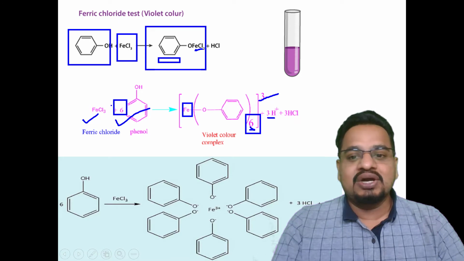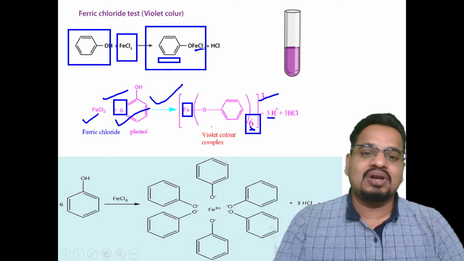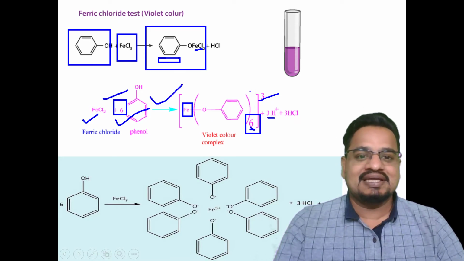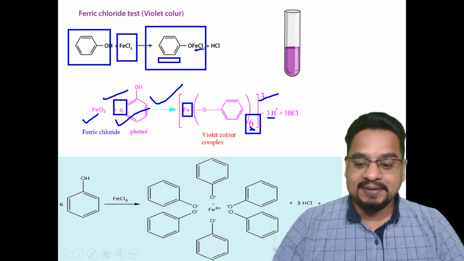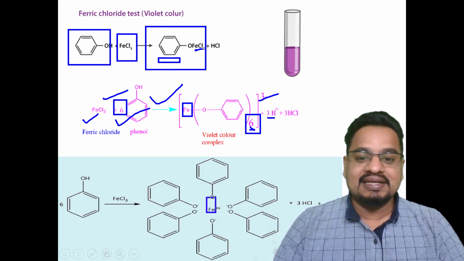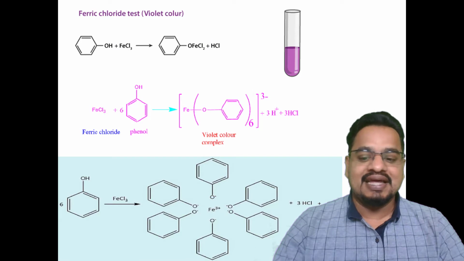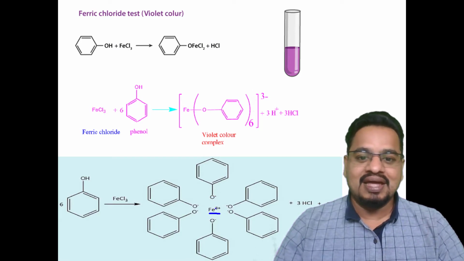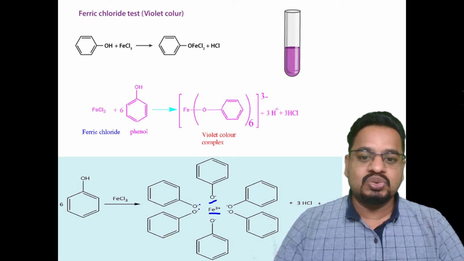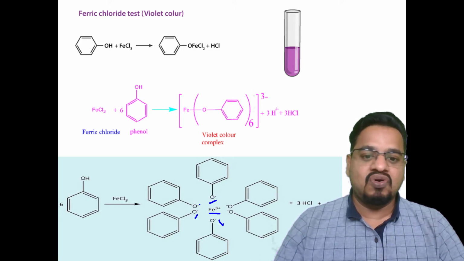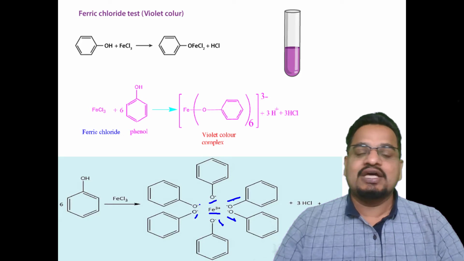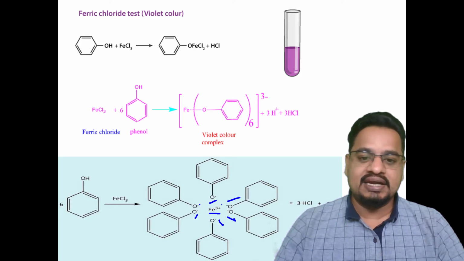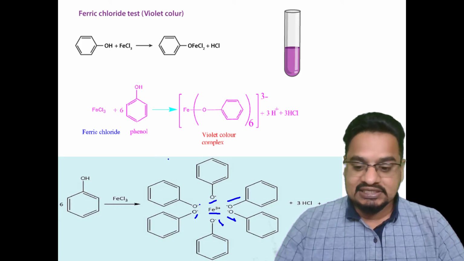Got that? So ferric chloride, when reacted with the phenol, gives the violet color complex. How is this happening? See here, in the middle it is iron, Fe3+, ferric, and then 1, 2, 3, 4, 5, and 6. So these 6 phenoxides get attached to it in this format.